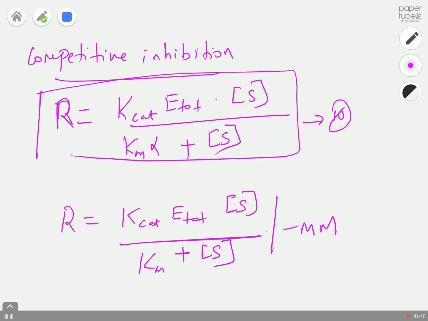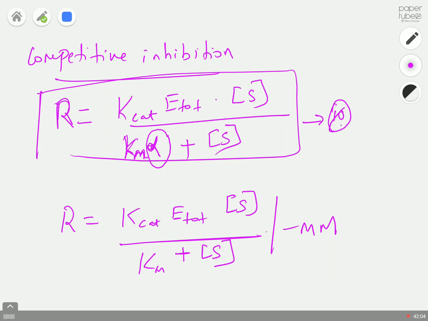So if you compare equation 10 and 11, you see here you have an alpha parameter in equation 10. So whenever we are going to deal with a competitive inhibitor, you have some parameter which is associated with your inhibition constant together with your Km value.